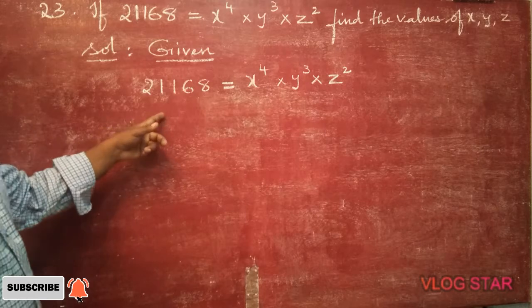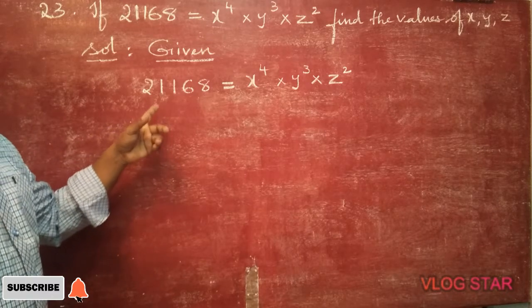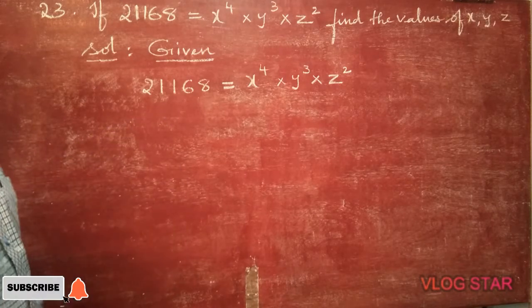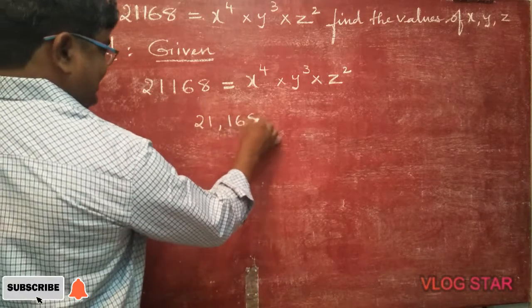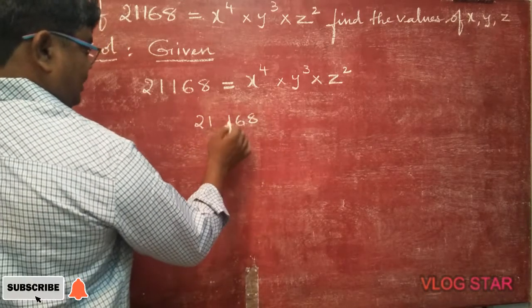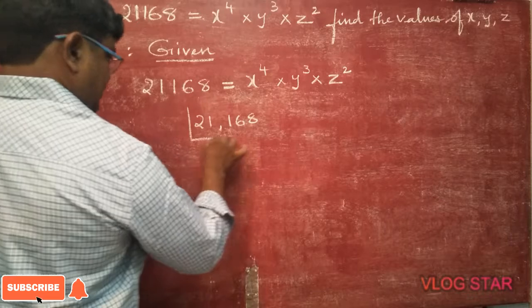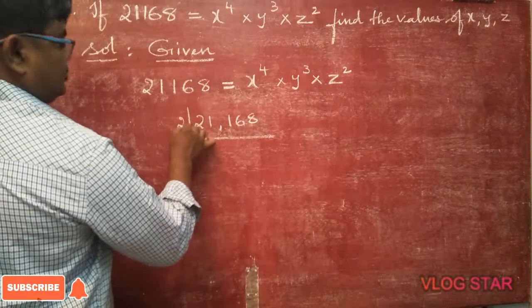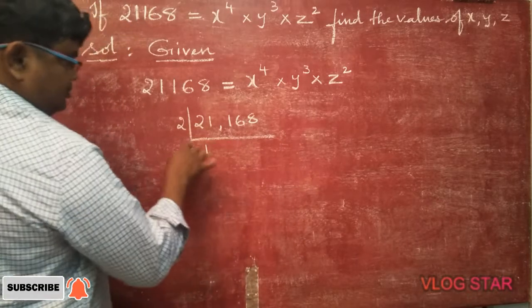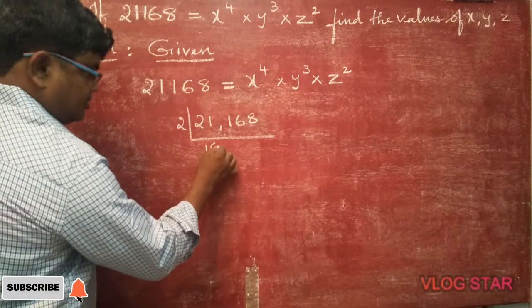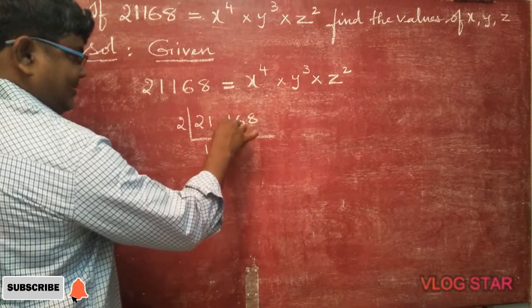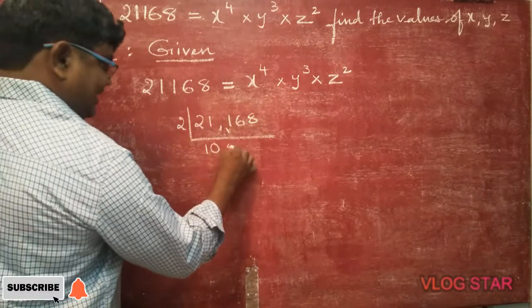Now convert the given number into prime factors. 21,168 is there. 2 table goes. 2 ones are 2. 2 can't go in 1, 0 times it goes. Then here 11. 2 5s are 10.